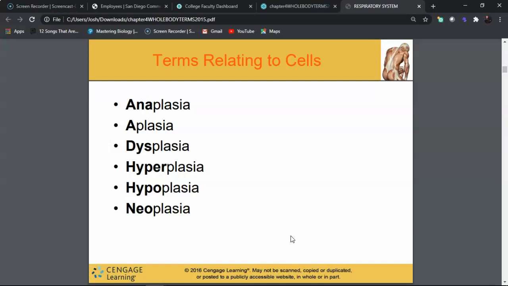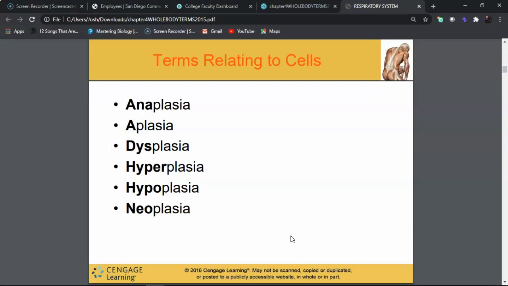The term aplasia, a also means without and not, very similar to ana. But when we have something that's aplasia or aplastic, that's another word. IA and IC both mean pertaining to. So this is pertaining to the complete lack of development or growth or formation of an organ or tissue.